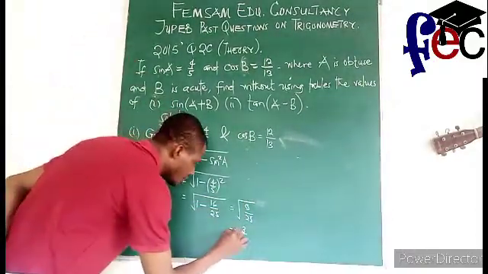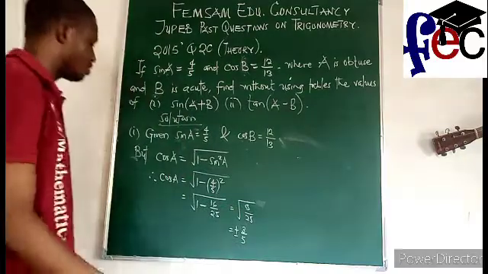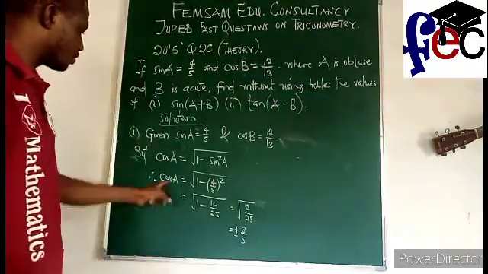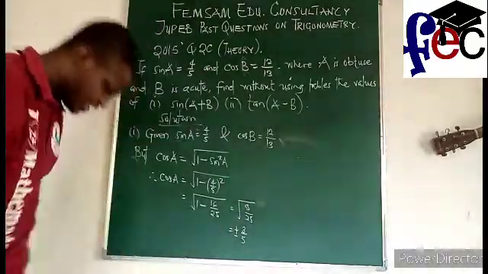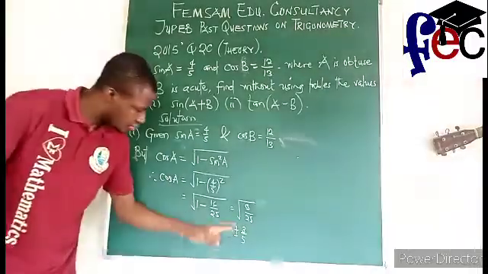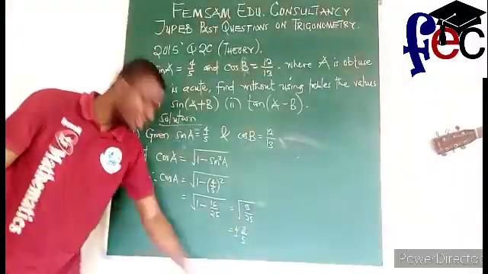So the result of this is going to be plus or minus 3 over 5. Alright, we keep that for cos A. But this is the issue now. Is it possible for cos A to be plus 3 over 5 and minus 3 over 5?